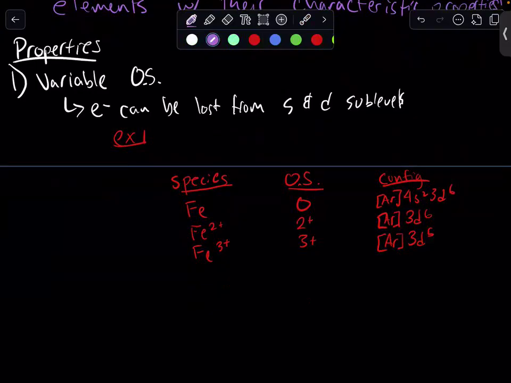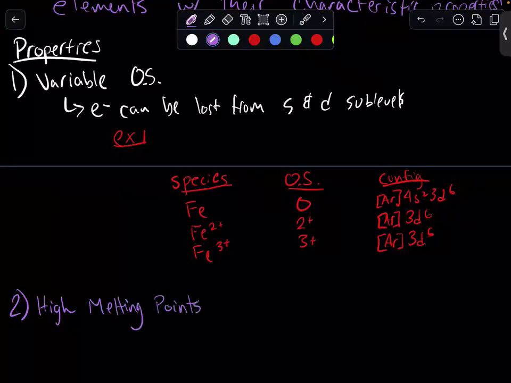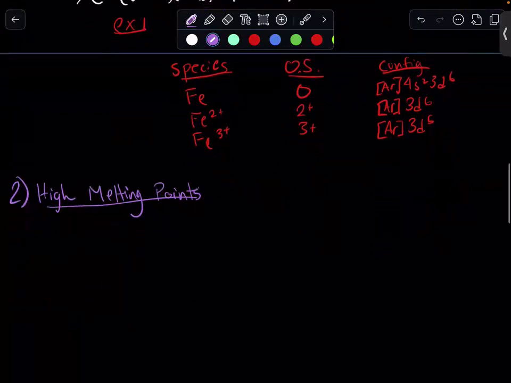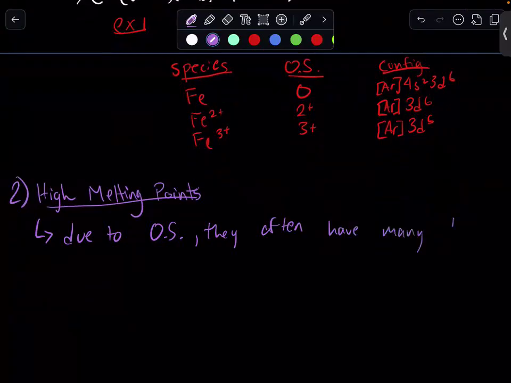The next property is that they have high melting points. So it turns out this is also going to be due to those incomplete D sublevels and those variable oxidation states. Due to oxidation states, they often have many delocalized electrons in their bonds.